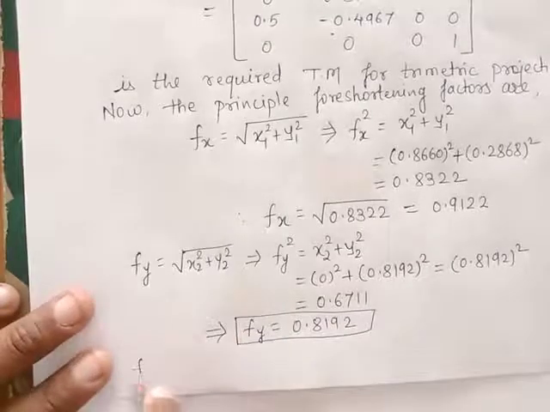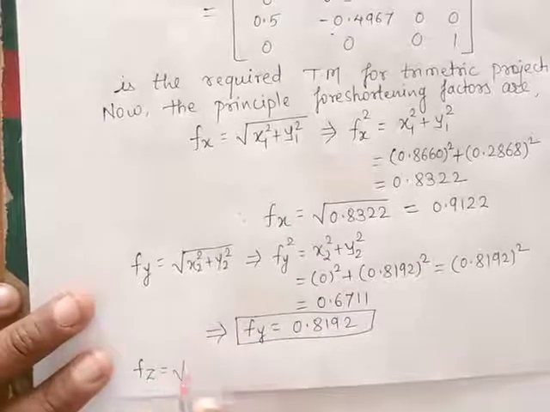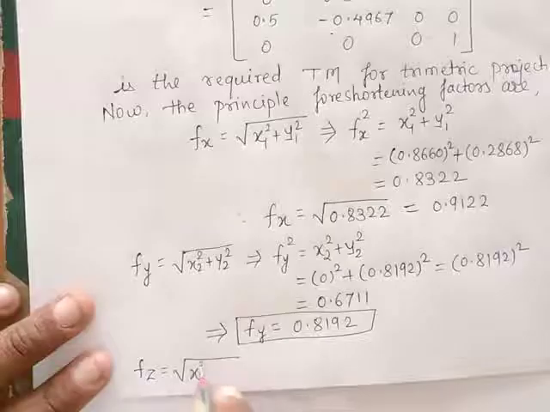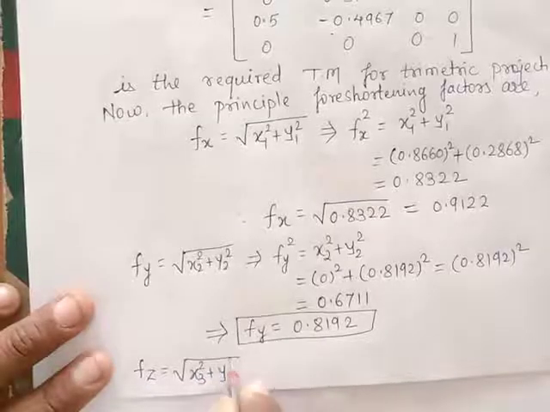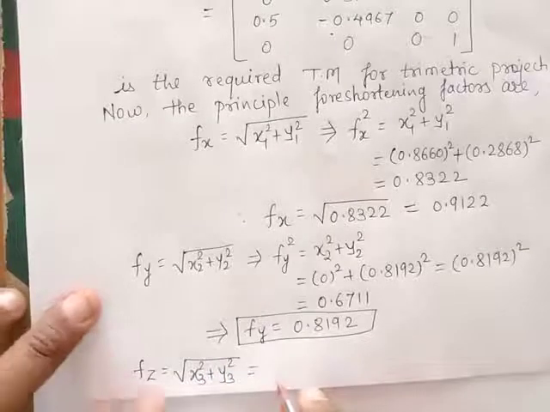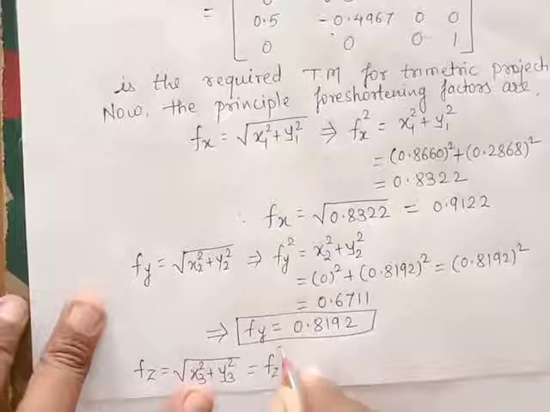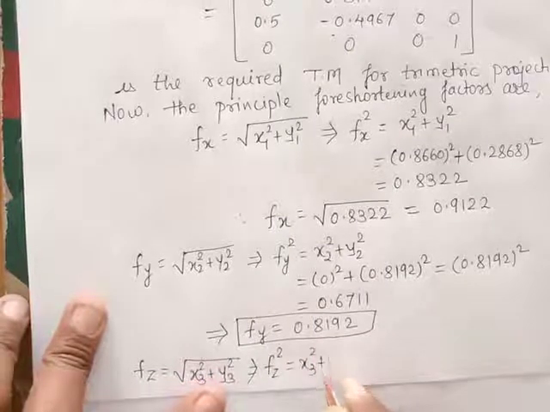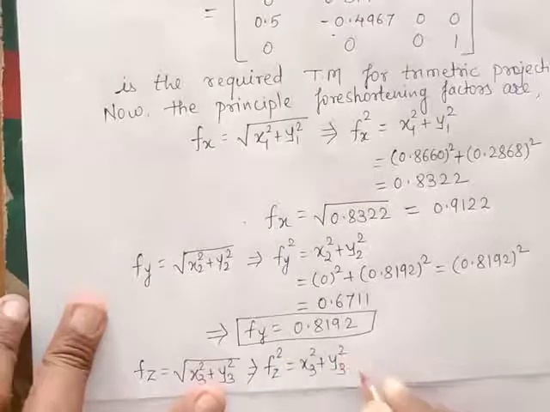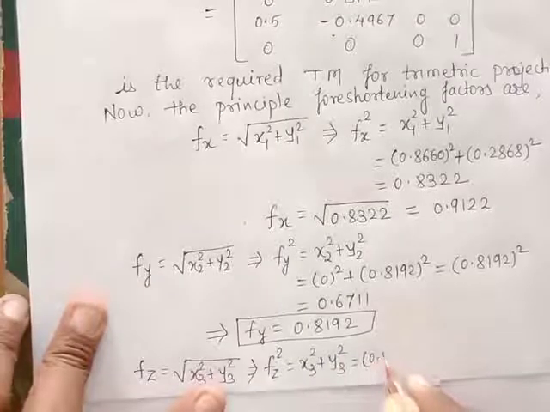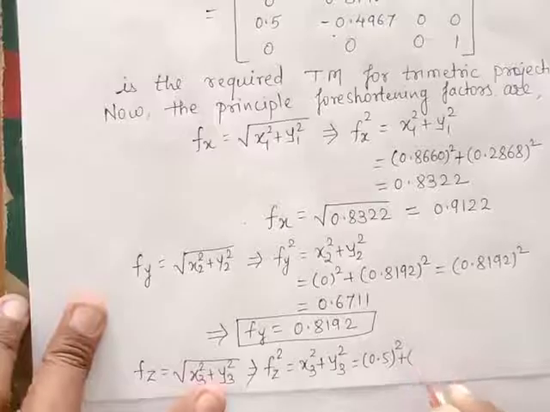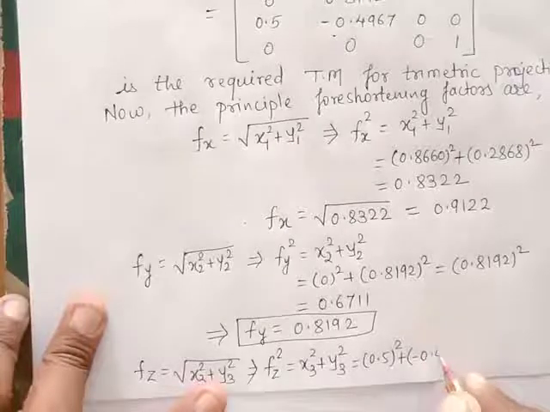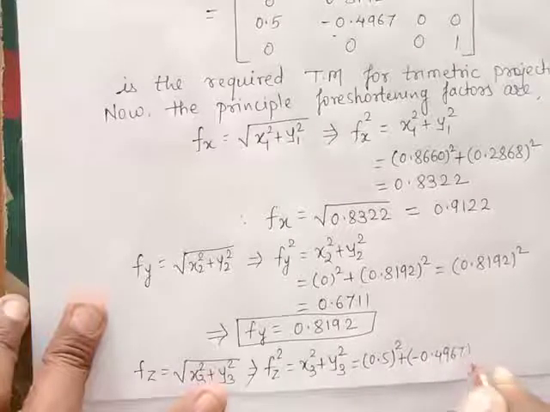And now fz. What about fz? Fz is what? Under root x3 square plus y3 square. So it will be fz square, it gives fz square is x3 square plus y3 square. That is 0.5 square plus minus 0.4967 square.